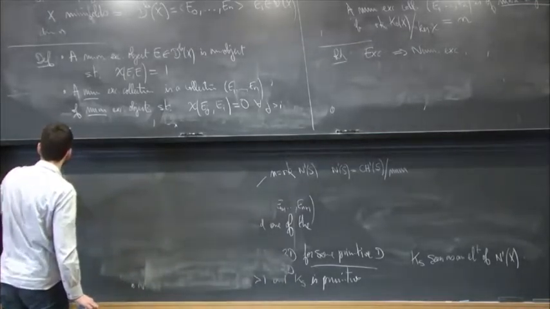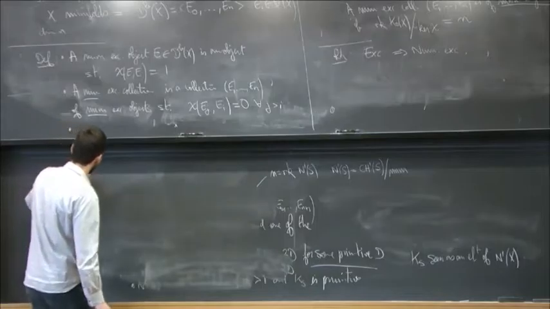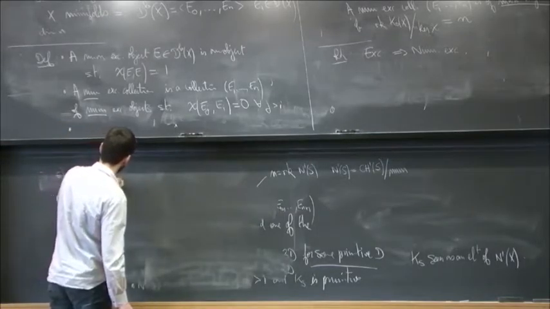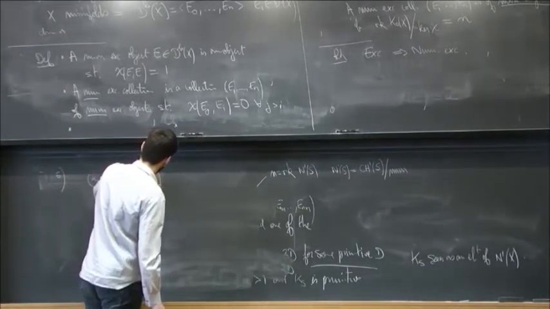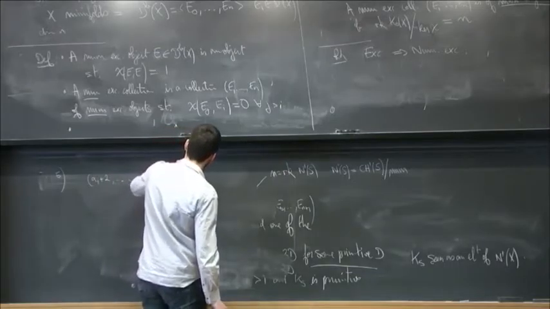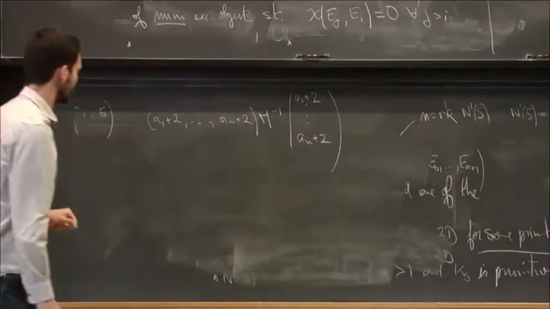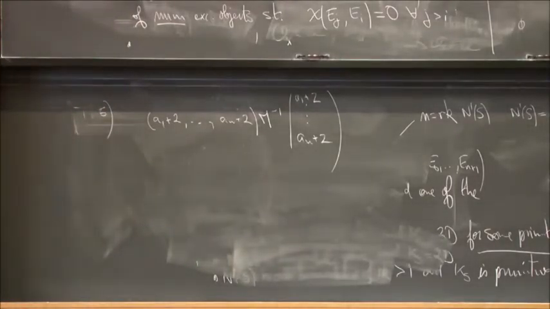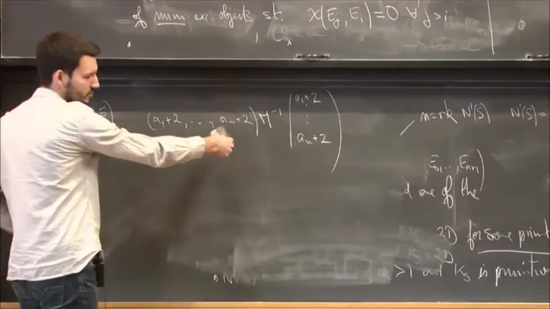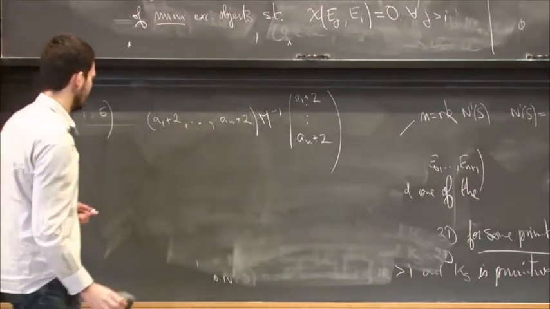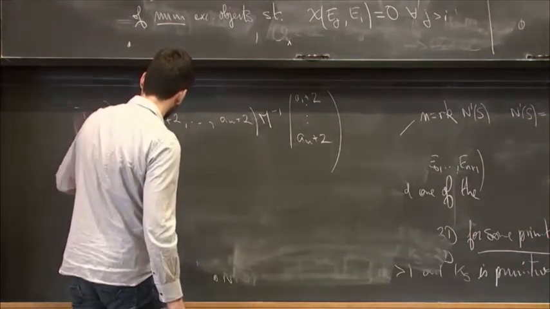You are in a very general situation. If you want to compute K_S squared, you just need to compute this. Given a unimodular matrix like this, I want to compute that number, which is a polynomial in the a_i's.